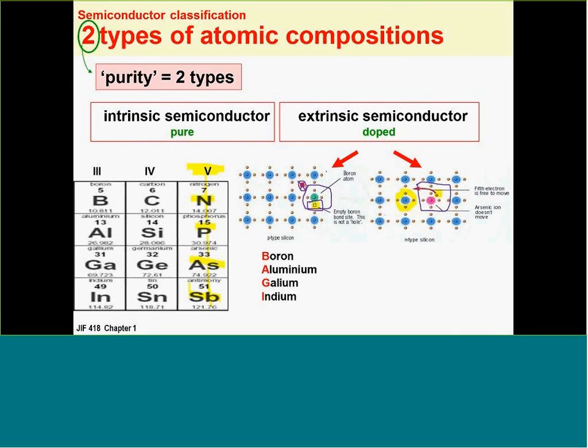So, in intrinsic semiconductor, we have holes as charge carriers, majority charge carriers in P-type silicon, and in N-type silicon, we have extra electrons.